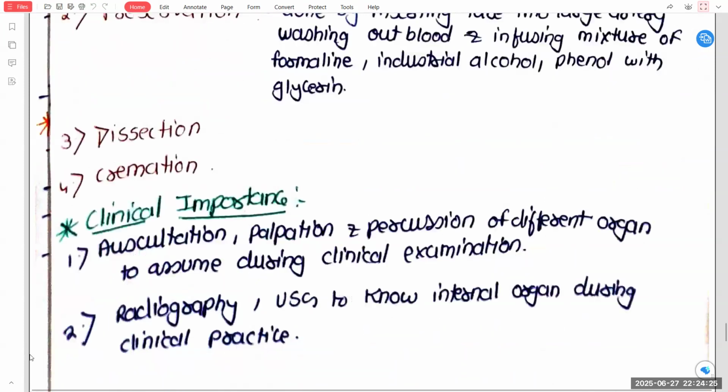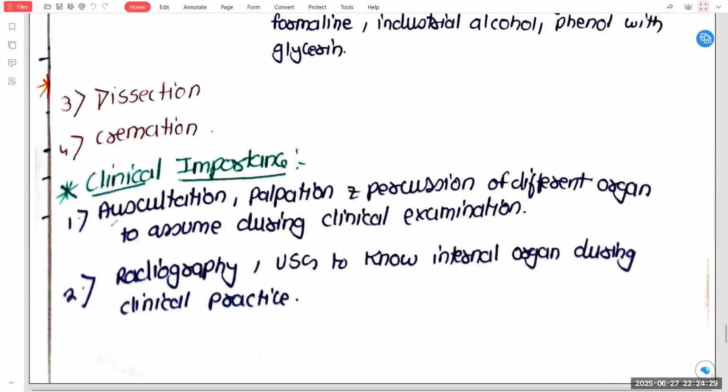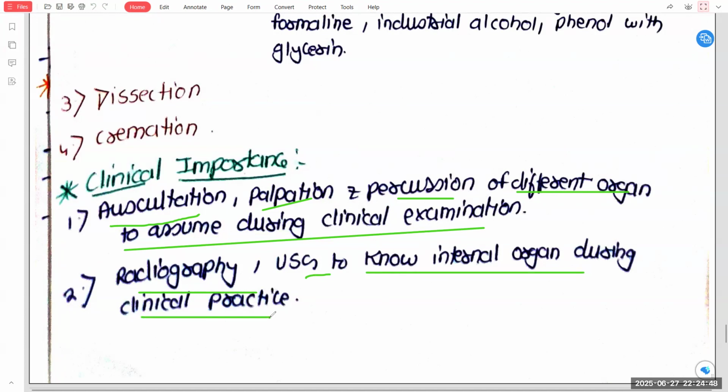What is the clinical importance of dead body dissection? After doing the dead body dissection, one can auscultate, palpate, percuss the different organs and assess them during the clinical examination. Radiographically, by USG, one can know the internal organs during clinical practice. Okay.